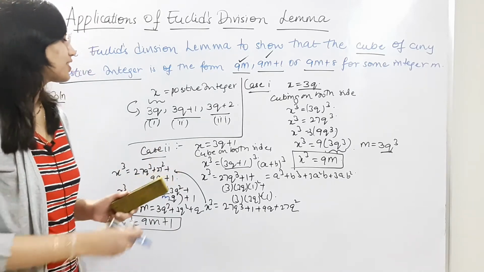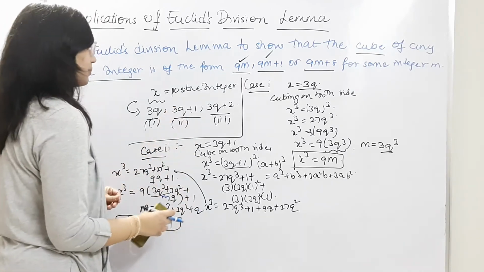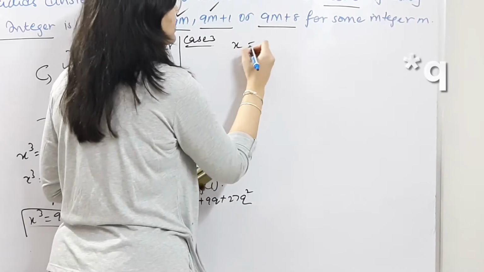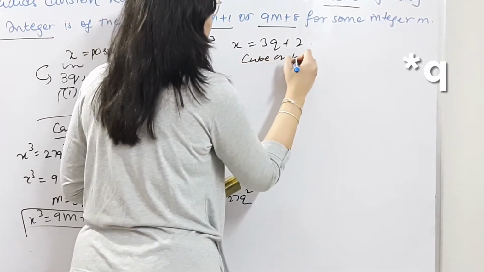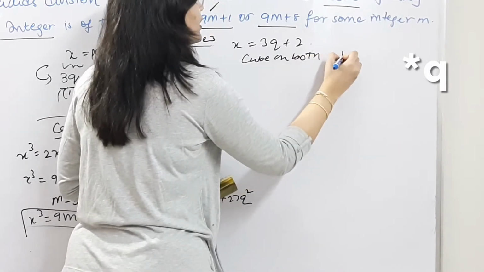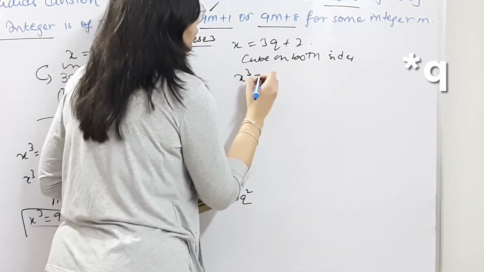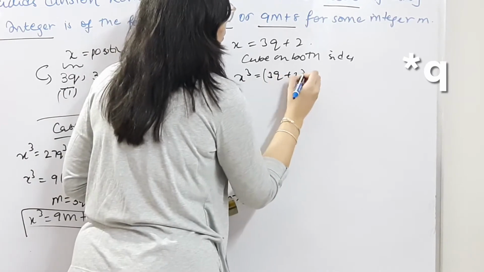Now let's consider the last case, that is 9m plus 8. x is equal to 3q plus 2. Now cube on both sides, we get x cube is equal to (3q plus 2) whole cube.